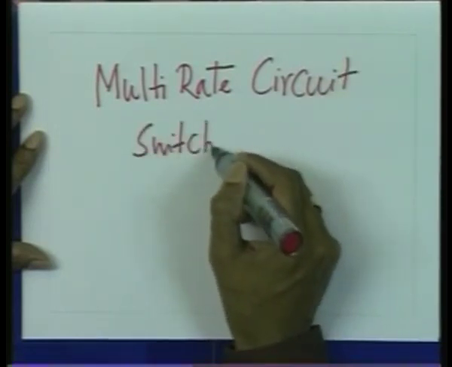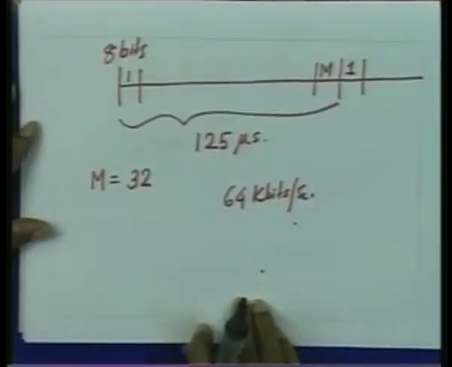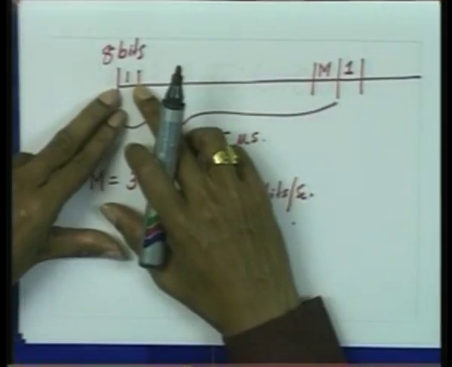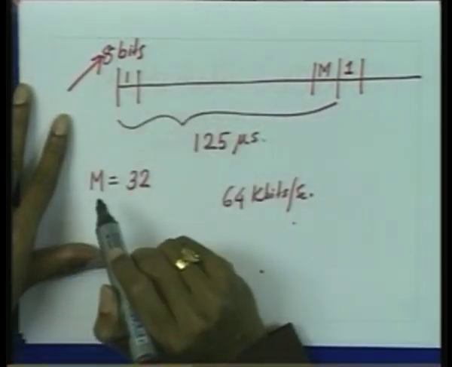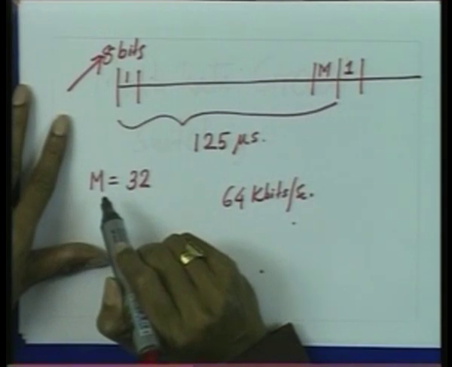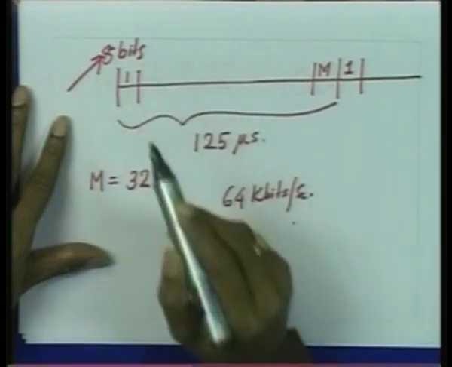Now in circuit switching, for example, we had allotted one slot to every user and we had asked every user to transmit 8 bits. In multi-rate circuit switching, we can allocate multiple slots to a particular user.